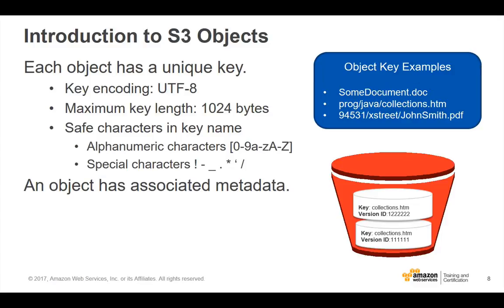So let's look a little more at these objects. What you're looking at in the bottom right here is a version enabled bucket. Meaning when you just throw an item, say collections HTML, an HTML page, into an S3 bucket that you've created, if you then overwrite that, it will replace the old object.